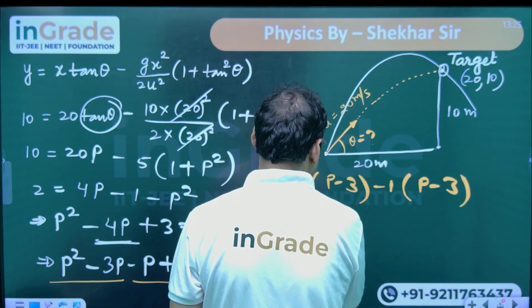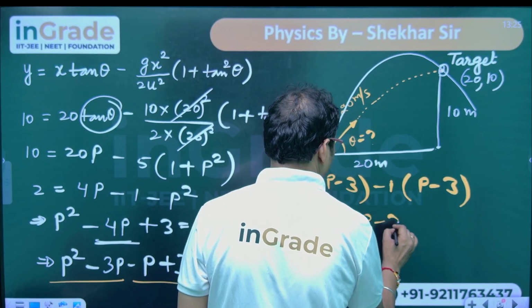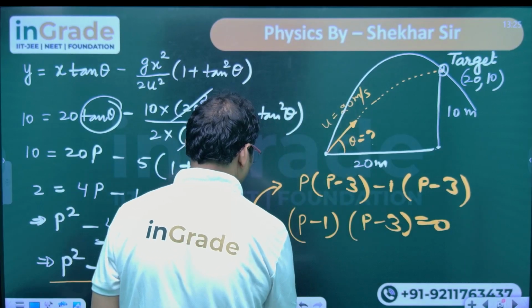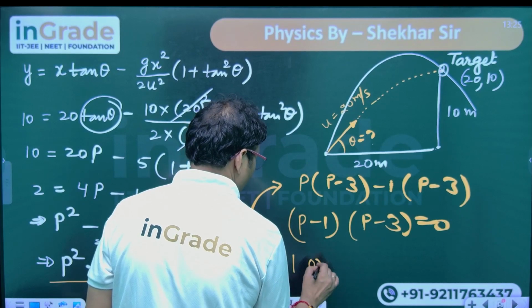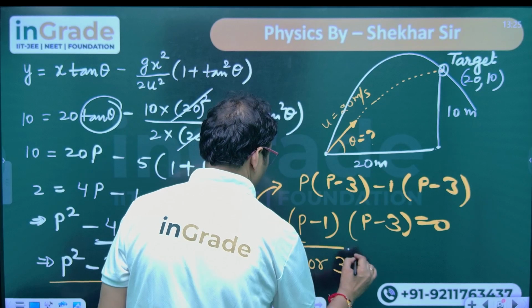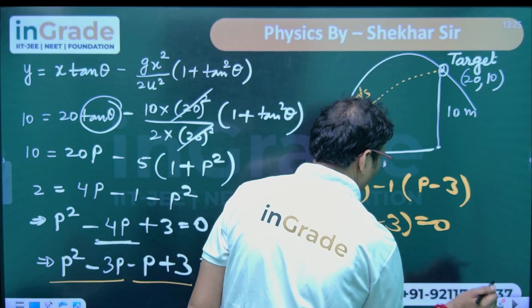So (p minus 1) into (p minus 3) is equal to 0. So the value of p is either 1 or 3. These are the possibilities.